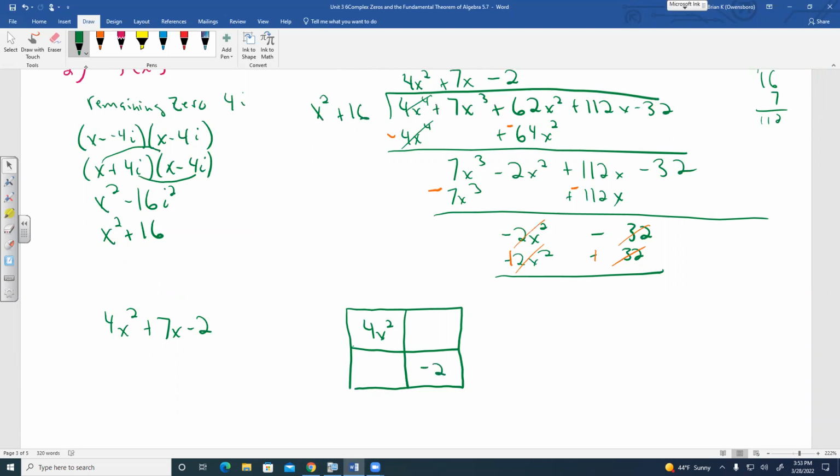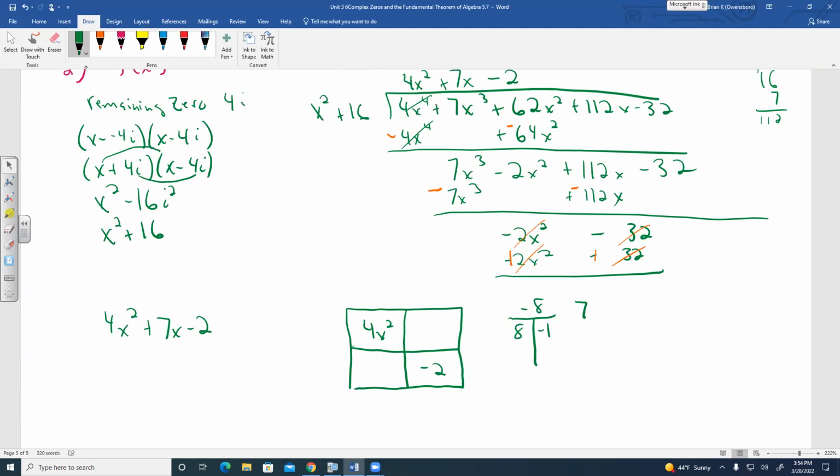Now the catch is when we use big T, we got to multiply the leading coefficient by the constant. So 4 times negative 2 is going to be negative 8. And we have to add up to this coefficient, which is a 7. So what are the factors of negative 8 that give me a 7? That looks like an 8 and a negative 1.